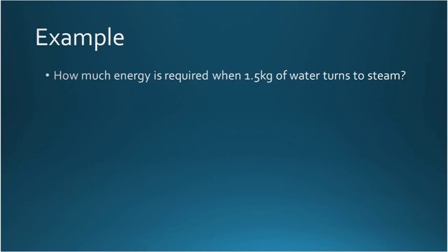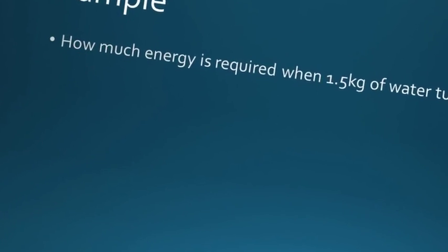Another example, how much energy is required when 1.5 kilograms of water is turned into steam? So it doesn't give me a starting temperature, so I'm going to assume that the liquid is already at the temperature it needs to start turning into steam, which means I can use the formula Q equals mL again.